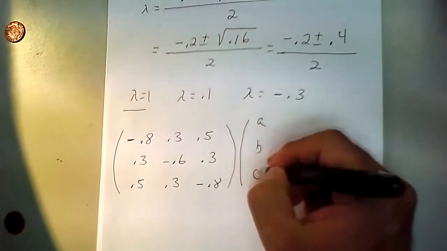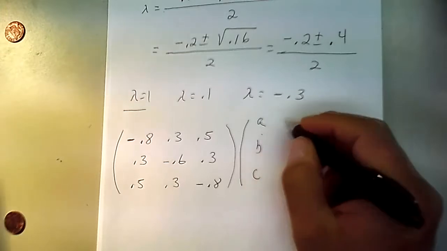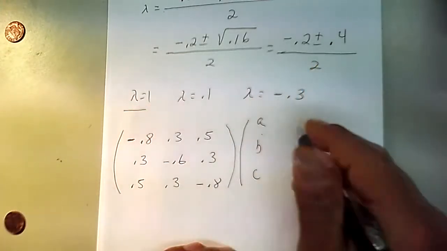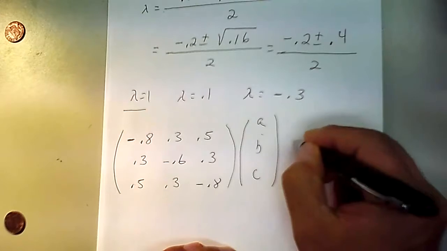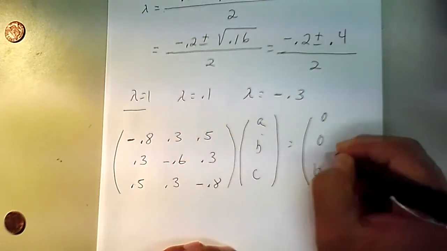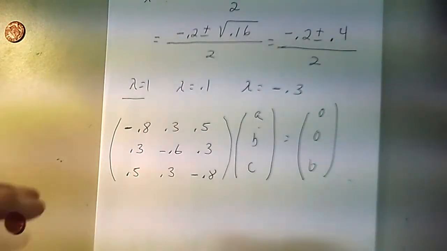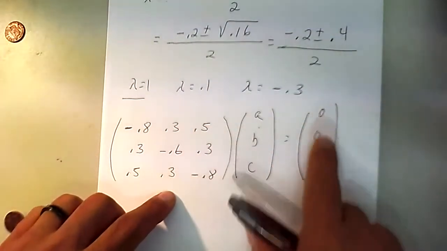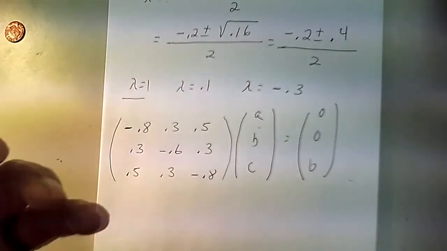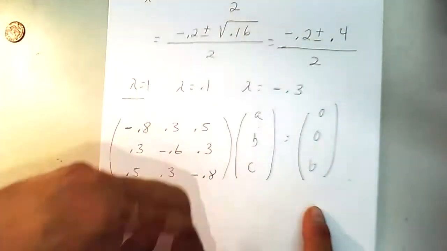So I'm trying to find eigenvectors. But by moving the A, B, C corresponding to lambda equals 1, which would have been on the other side of this equation, we end up with just 0, 0, 0. And that makes things a little easier, I think, because then we can freely move this without worrying about the zeros, because no matter what we do with them, whether we multiply them by a constant or add a multiple of one onto the other, we're still going to end up with zero.